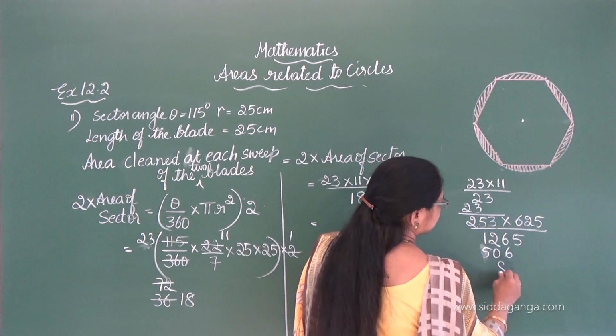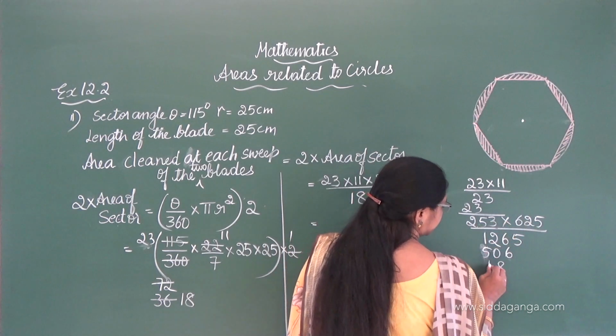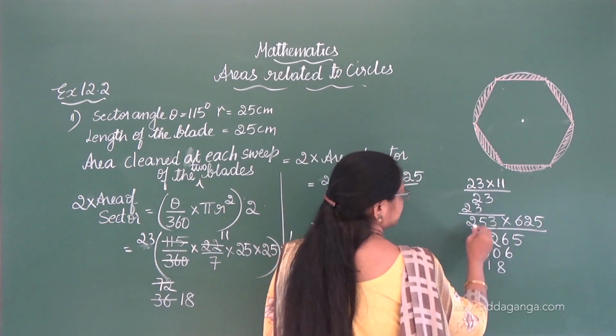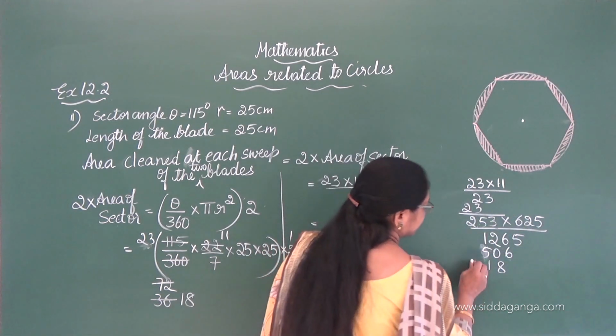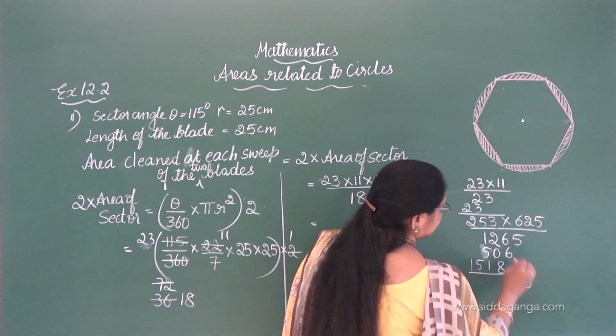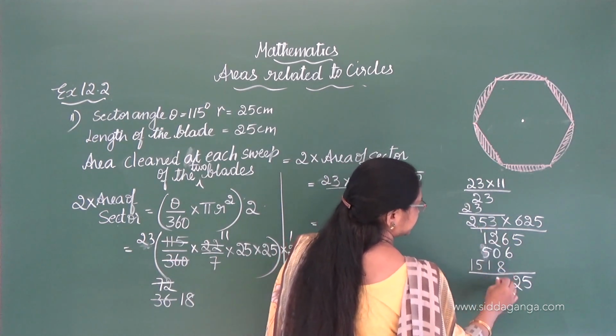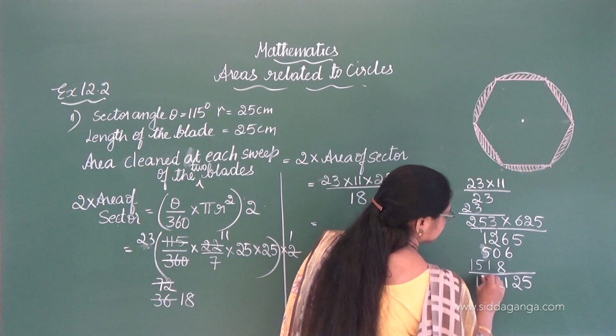Next, 6 3s are 18, 1, 6 5s are 30, 31, 3, 6 2s are 12, 13, 14, 15. So total 5, 12, 1, 11, 1, 5, 6, 7, 8, 15.